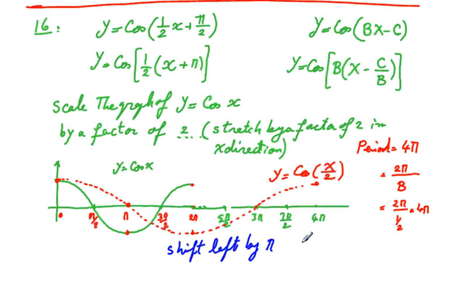We have a phase shift, which, if you want to think about it, is pi over 2 divided by 1/2. The negative of that is your phase shift: negative C over B, negative of pi over 2. So I'm incorporating the direction into my phase shift. In general, they just say phase shift by pi to the left in either way. So move to the left by pi.